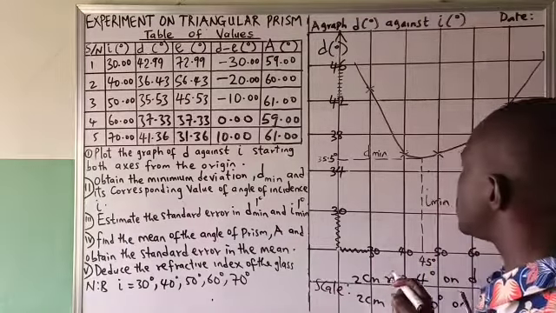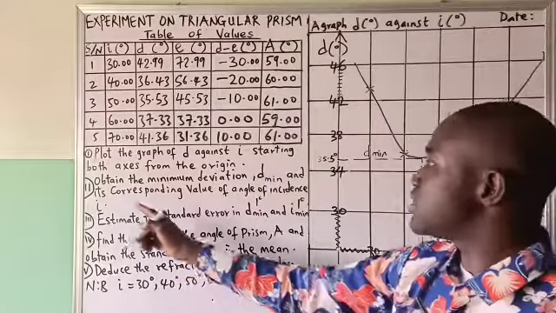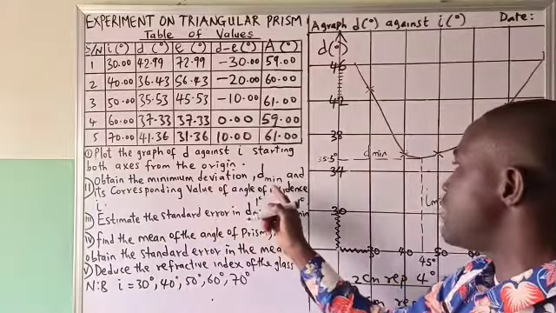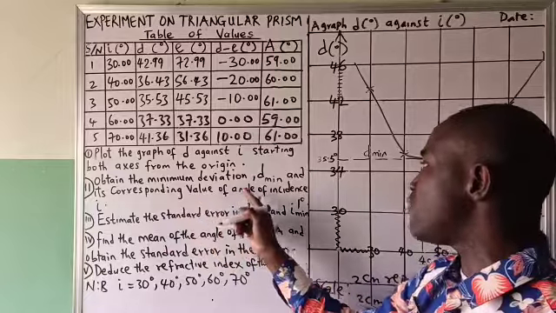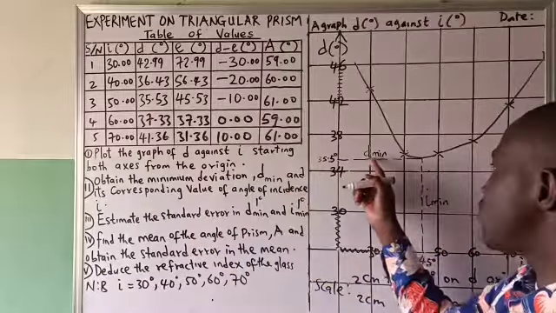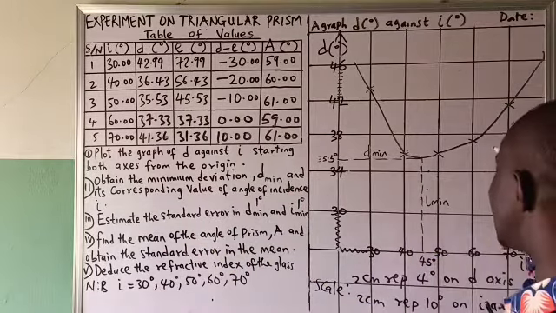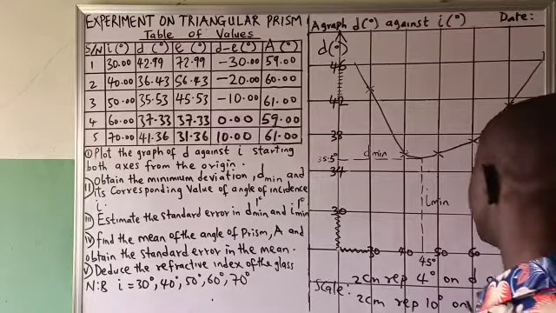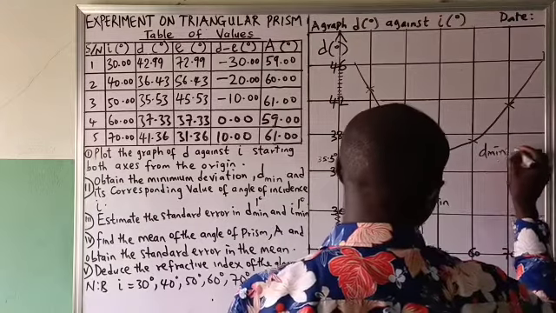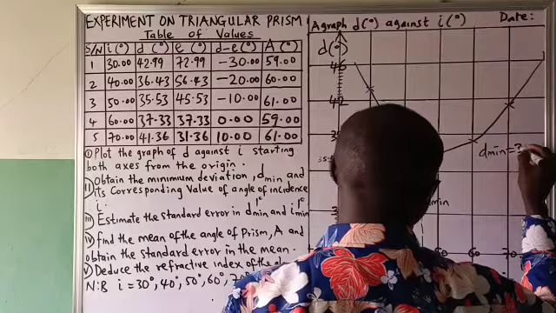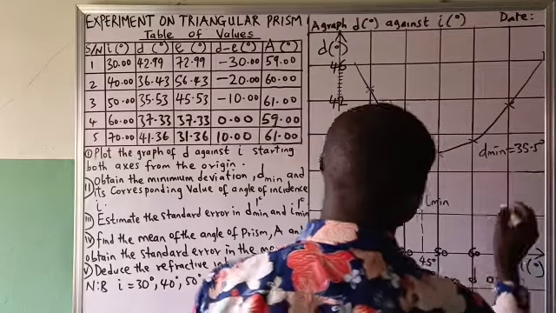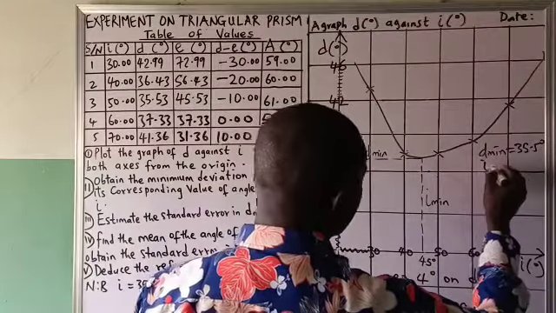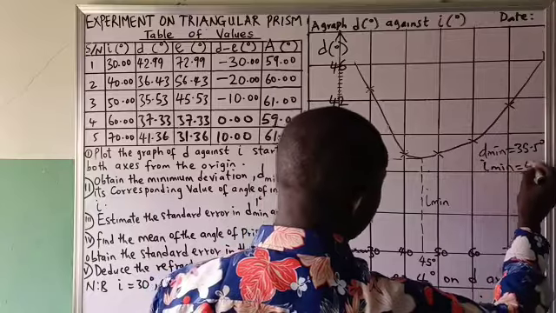Then what you also do, you say obtain the minimum deviation D min and its corresponding value of angle of incidence. We have gotten it. We now say that D minimum is equal to 35.5 degrees. Then I minimum is equal to 45 degrees.